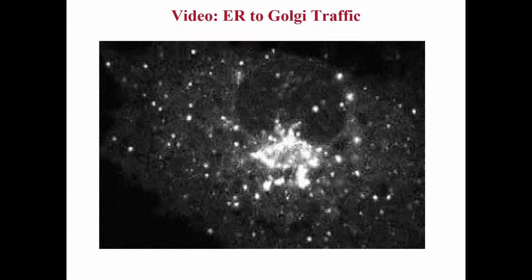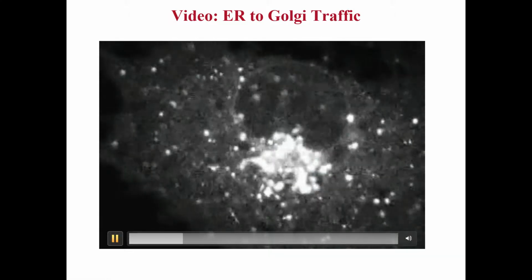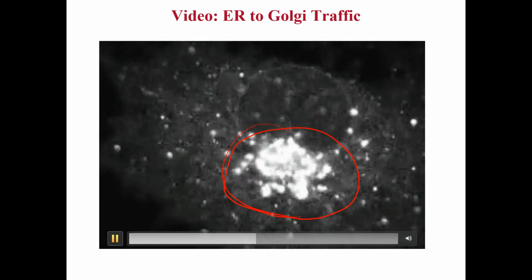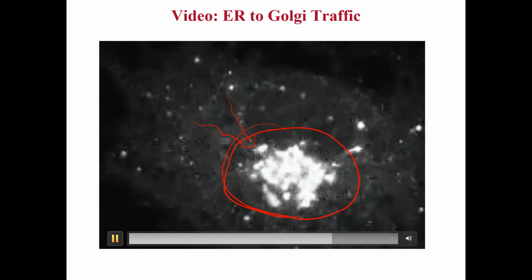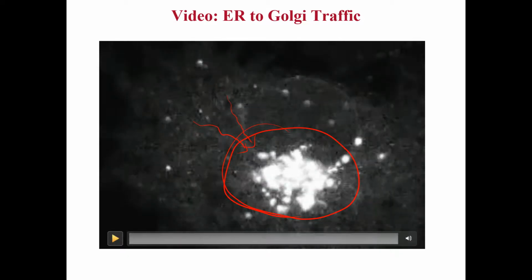And this little mail truck is running along a little road or track, if you will, of microtubules. And it's being directed from the ER to the Golgi body. All these vesicles are being directed towards the Golgi body. You can see these vesicles are moving along a track, a little rail system, to the Golgi body.